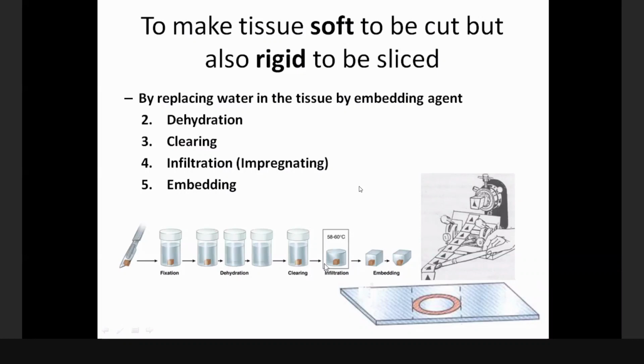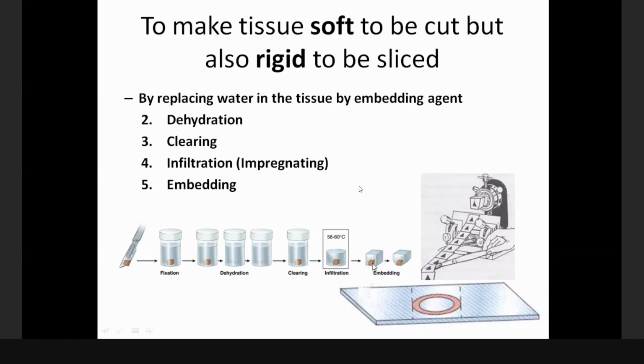Once cleared, you can put your tissue in one type of plastic. That plastic would infiltrate because it is liquid. But later, when you mix it with another chemical, it gets solidified. So that solidified tissue is full of plastic, can be manipulated, and can be sliced by a cutting machine.